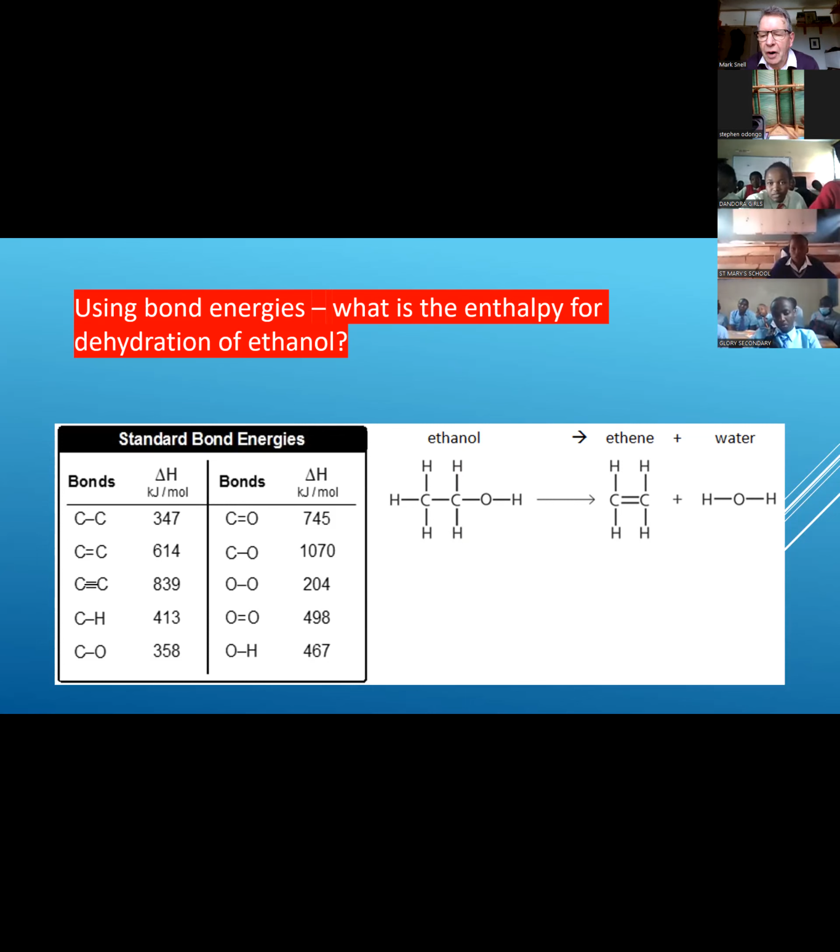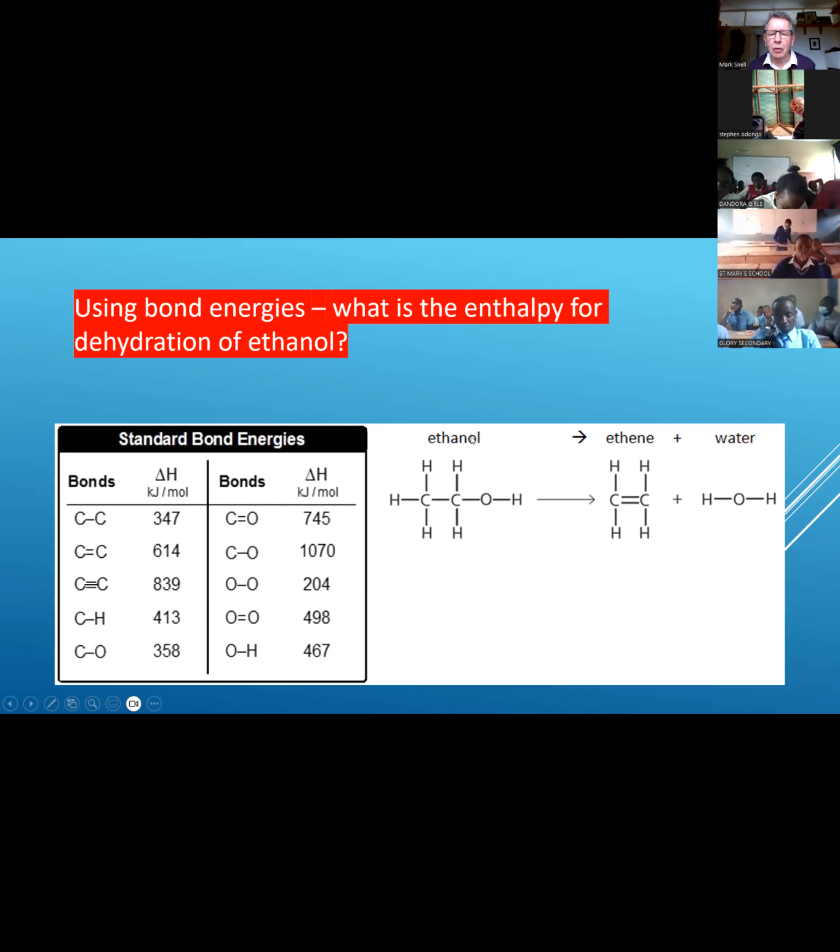B for breaking is endothermic, and M for making bonds is exothermic. To break this molecule of ethanol on the left-hand side is going to be endothermic. We are going to have to put in energy to break this bond and this bond and this bond and this bond.